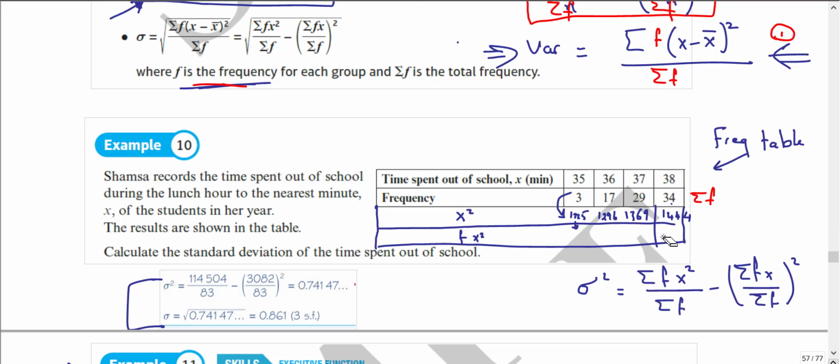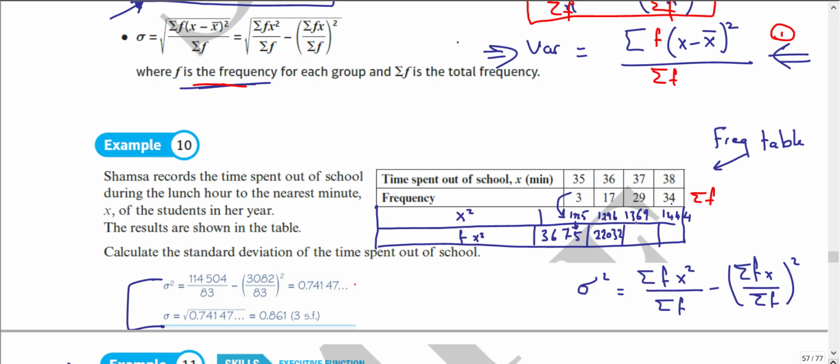3,675. Okay. Next one, 17 times 1,296: 22,032. Okay.